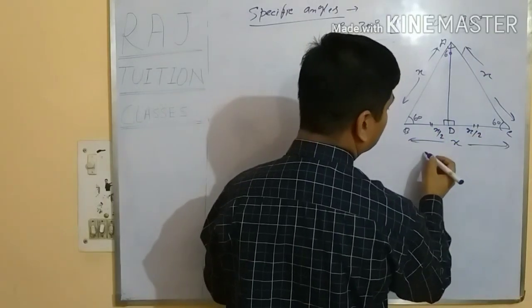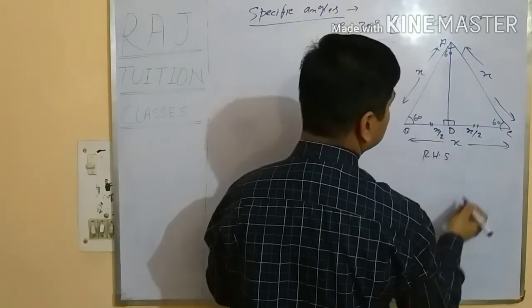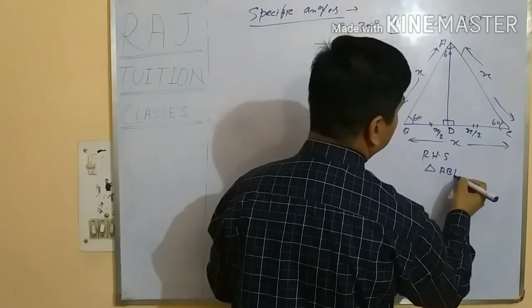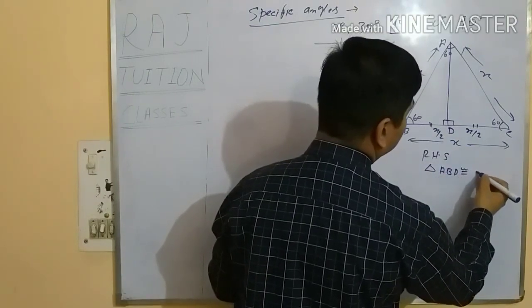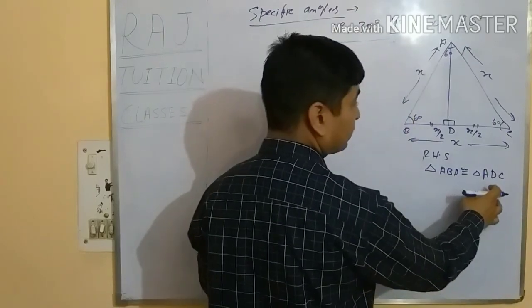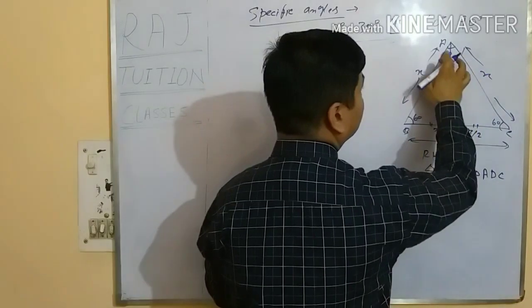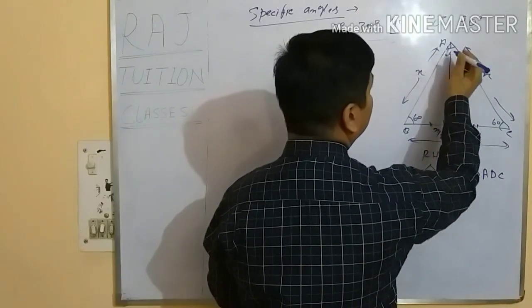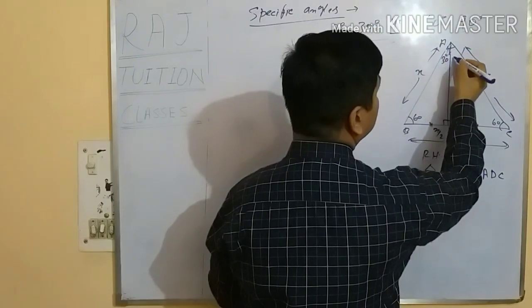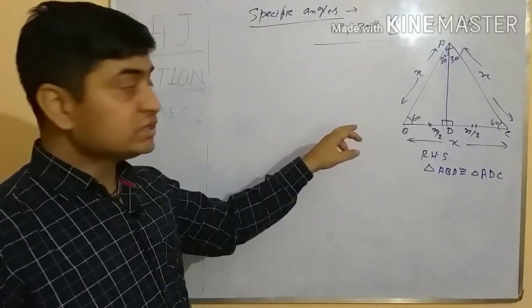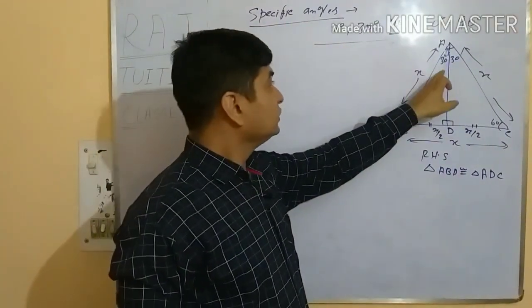So by RHS congruency, triangle ABD is congruent to triangle ADC. If these triangles are congruent, then by CPCT, this 60 degree will split into two equal halves, 30 and 30. So that was the smart move I was discussing earlier.